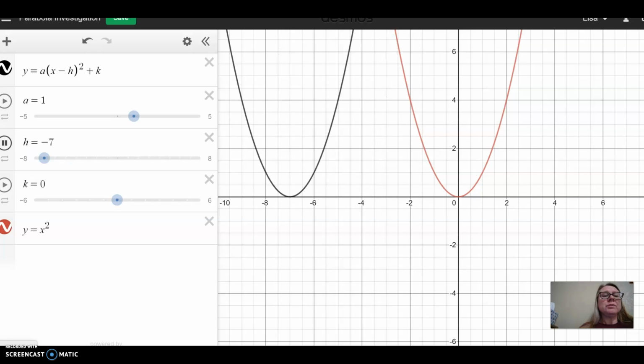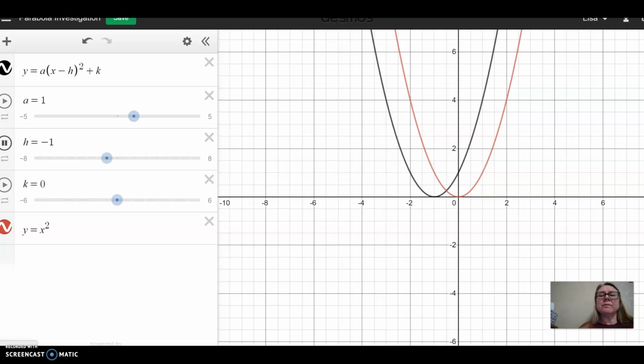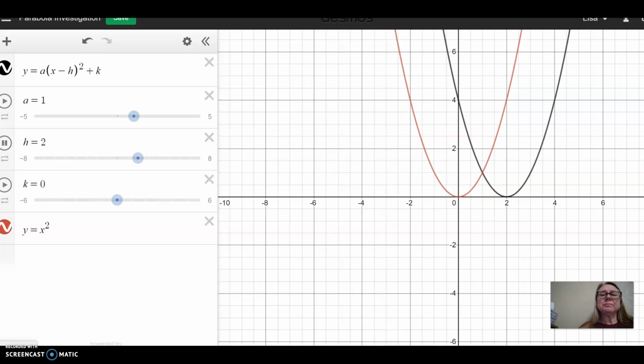Okay, I'm going to pause it at a certain spot. Let's wait until it gets over into positive land. Okay, pause. All right, where is the vertex when we're on h? Okay, it's right there at 2, 0. So notice the value of h. When the value of h is 2, the vertex is at 2, 0. So if we were to substitute that into our equation, it would say x minus 2 right there.